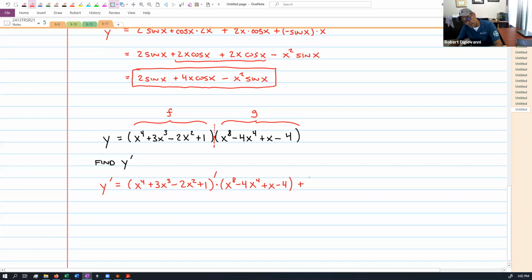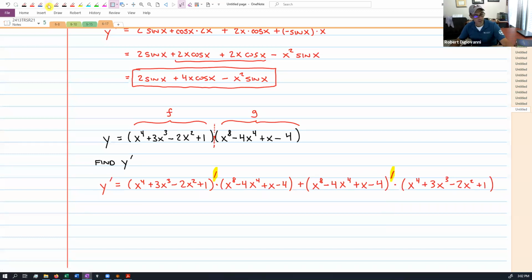Then add to that the derivative of the second one times the first one without taking the derivative. So I put the little derivative signs there just to illustrate: this is F prime times this is G, plus this is G prime times this is F. Are y'all following this? You see how this formula works?